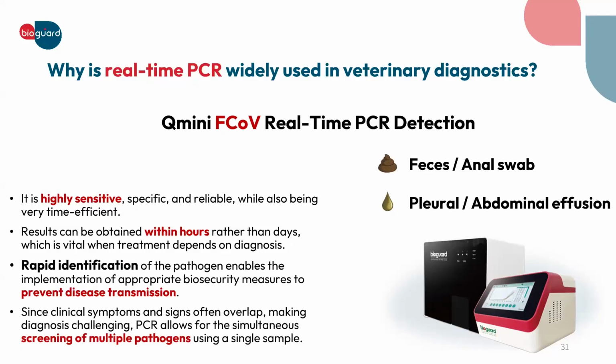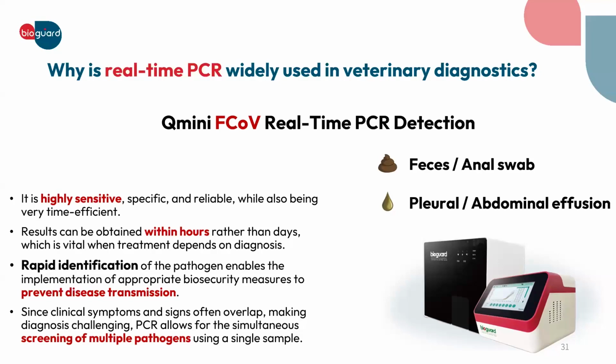And of course, the Qmini PCR especially offers screening of multiple pathogens. This is also very important, whether performing PCR just for one disease or performing multiple PCR with the same sample, as the symptoms can be mixed or confused with other infections as well.